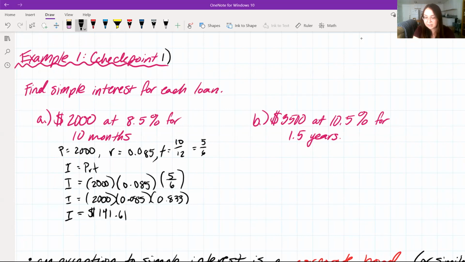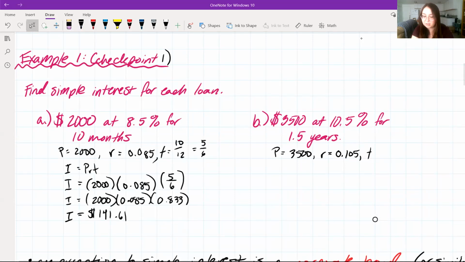All right, so we want to set up our values here. So we have our principal, which is going to be $3,500. Our rate, which is going to be 0.105, since we're just moving that decimal point 2 spots to the left. And then our time, which is just going to be 1.5.